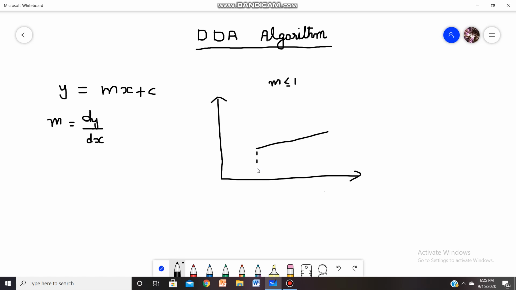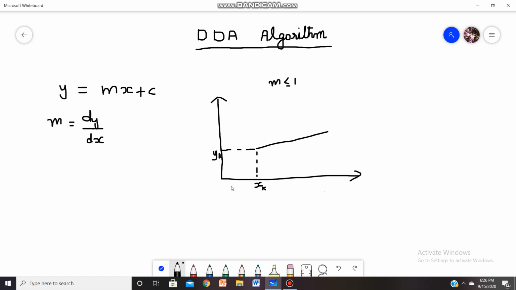Suppose we start at position xk, yk. Suppose this is the point xk and this is the point yk. And we know the end point also. So we need to generate pixels in between.